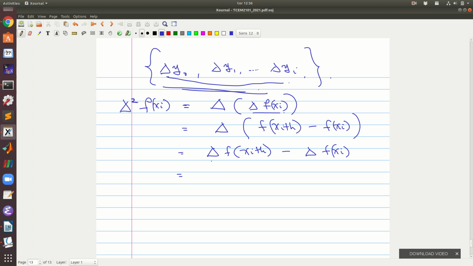That is f of xi plus 2h minus f of xi plus h, minus, in brackets, f of xi plus h minus f of xi.